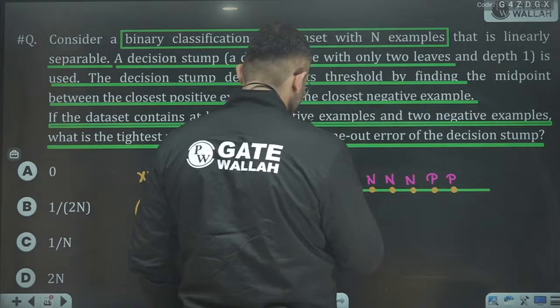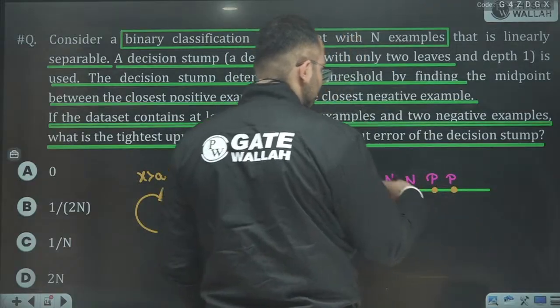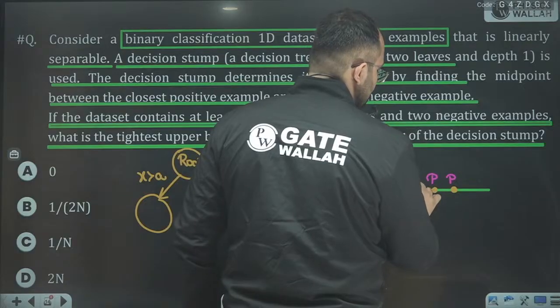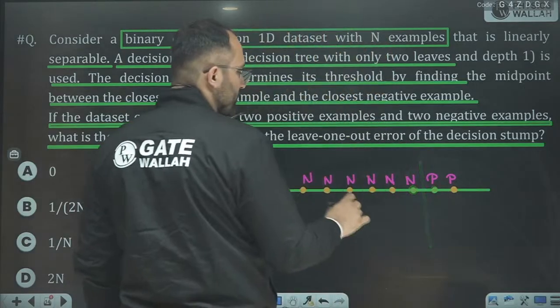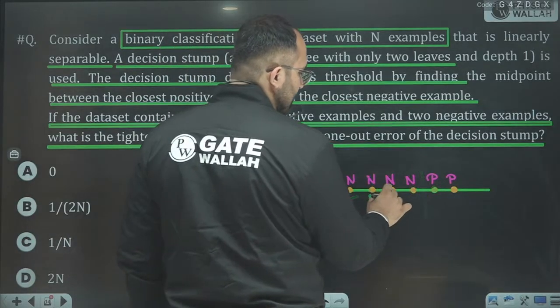Now the threshold is found by the positive and negative points and the midpoint. If this is in testing, obviously it will be correct. This is correct. This is correct. This is correct. This is correct.